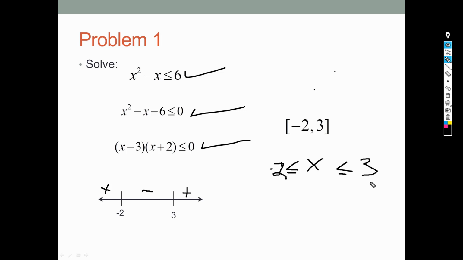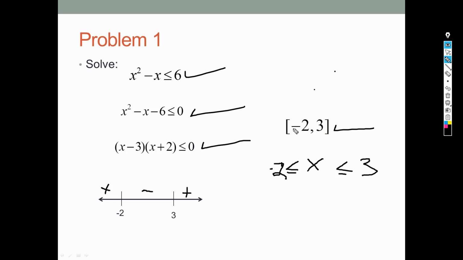You can also write it x greater than or equal to negative 2 and x less than or equal to 3. This is the interval notation, and that's the type of answer I requested when I gave these kind of problems in my class, interval notation.